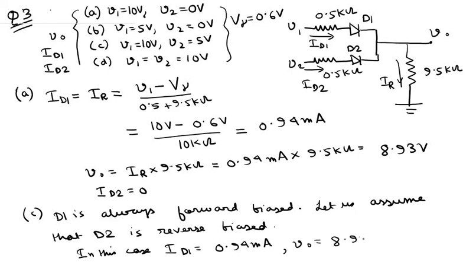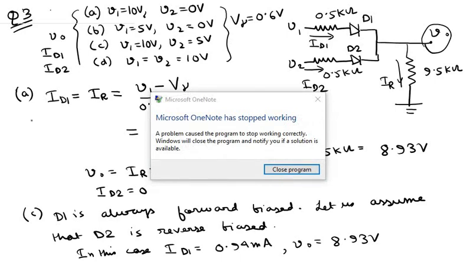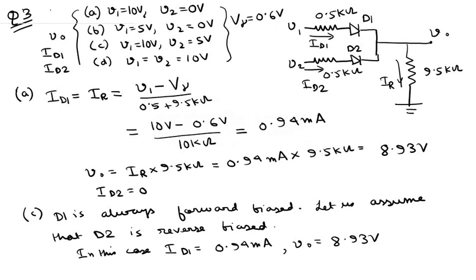Now we see that we have not got any fallacy, or any contradicting statement, because V0 is 8.93 volts. So our initial assumption that D2 is reverse biased is correct, because V2 is 5 volts and V0 is 8.93 volts. Hence this diode D2 is reverse biased.